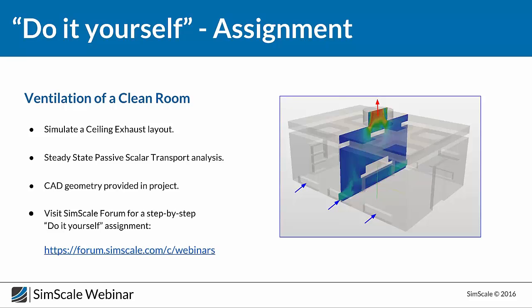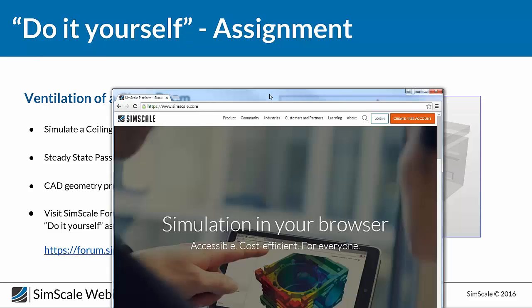We are still going to do a steady state passive scalar transport analysis, and the CAD model is of course provided for you. Like previous times, we've prepared a step-by-step tutorial for you to carry out this task.